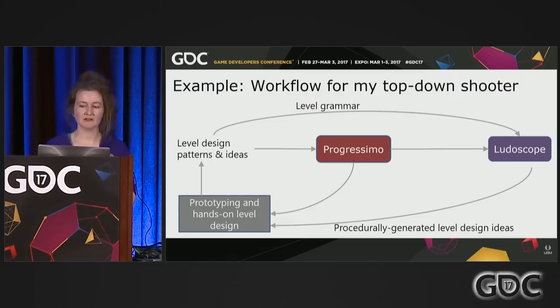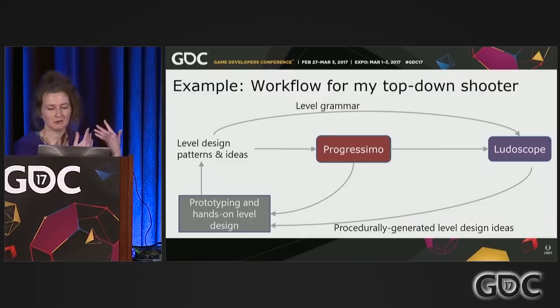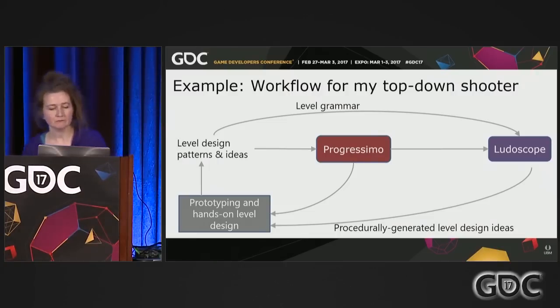Then I bring both my design patterns and my progression structure into Ludus Scope, and within Ludus Scope I generate playable level designs, which I then playtest and come up with new ideas for design patterns, and I keep iterating over this cycle.